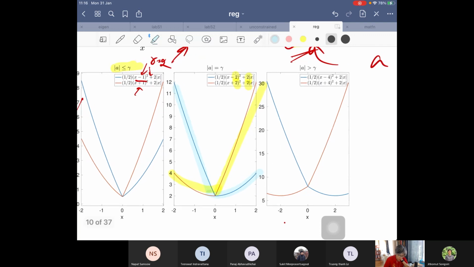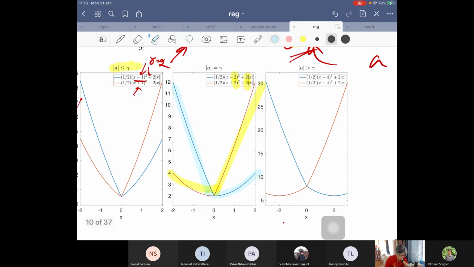How about the last one? This is the case where the magnitude of A is bigger than gamma. In these examples, A is 4 and A is minus 4, and gamma is 2. When you plot the graph to make the sum of the two terms, where is the minimum of the orange function now, Thirawat? If you look at the graph, can you approximate it?